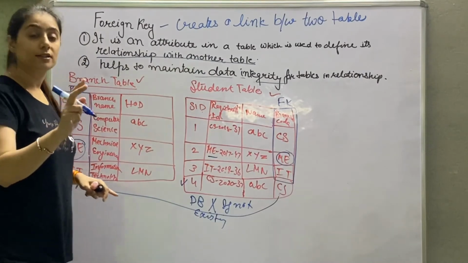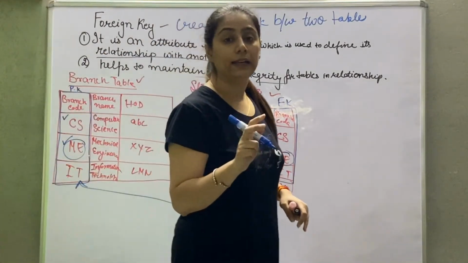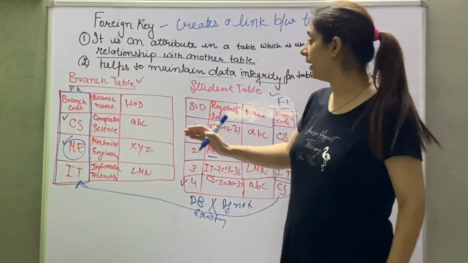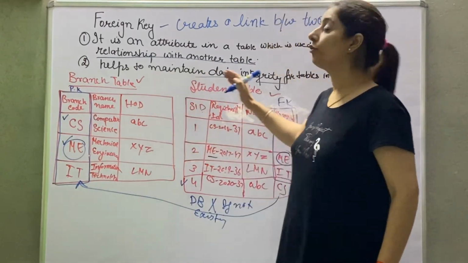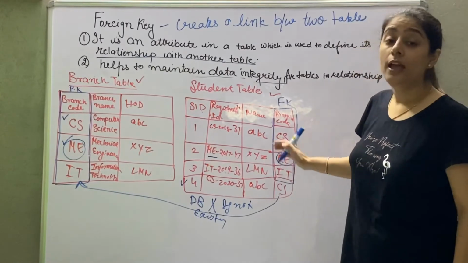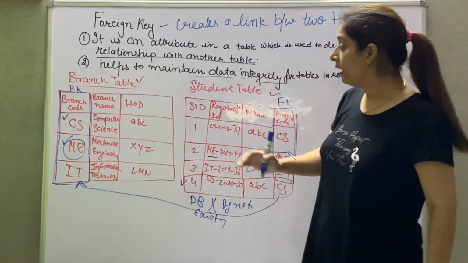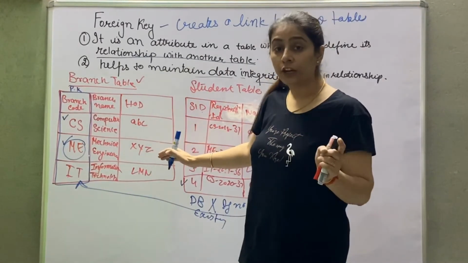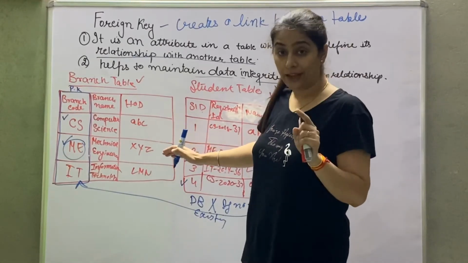So we have two concepts, update and delete. Update means if you are updating this table, then you have to update the child table also. If you want to delete something from here, you cannot delete it because you have to check.